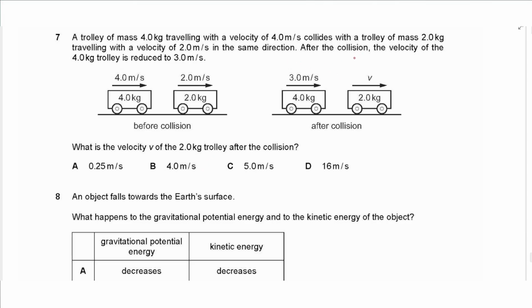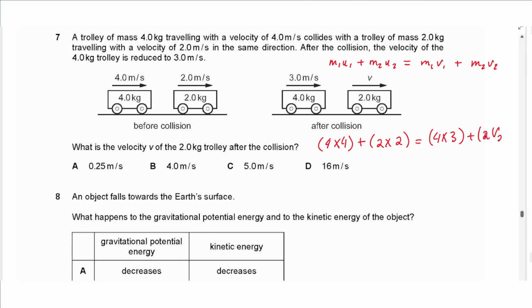So we can use the equation of conservation of momentum. m1u1 plus m2u2 equals m1v1 plus m2v2. Then we substitute the numbers. m1 is 4, u1 is 4, plus, since it's in the same direction, m2 is 2, u2 is 2, equals m1 still 4, v1 is 3, plus m2 is 2, v2 is required in the question.